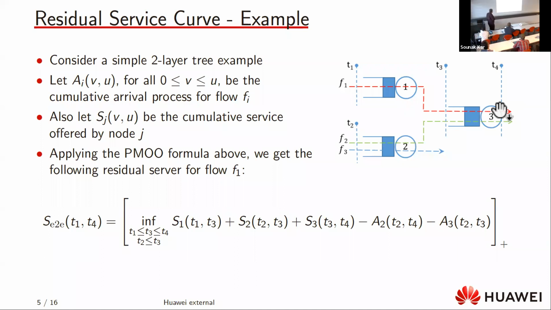Then we compute for flow 1 a residual service curve by summing all the servers in the network, the 3 servers here, and subtracting the other flows, F2 and F3. As you see, F2 joins at T2 and exits at T4, while A3 joins at T2 and exits at T3. Then we optimize over the union of all these ordered time variables.